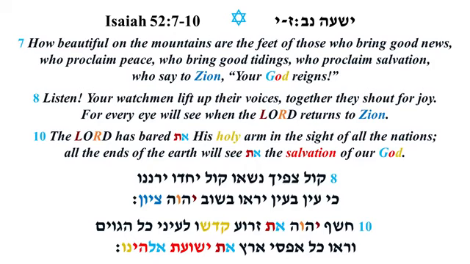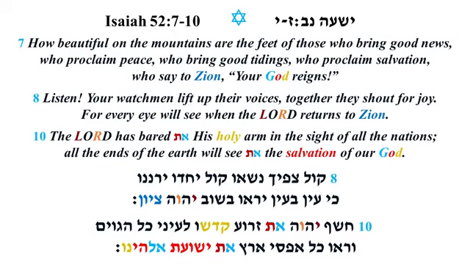Listen, your watchmen lift up their voices. Together they shout for joy. For every eye will see when the Lord returns to Zion. The Lord has bared, Aleph Tav, his holy arm in the sight of all the nations. All the ends of the earth will see, Aleph Tav, the salvation of our God.